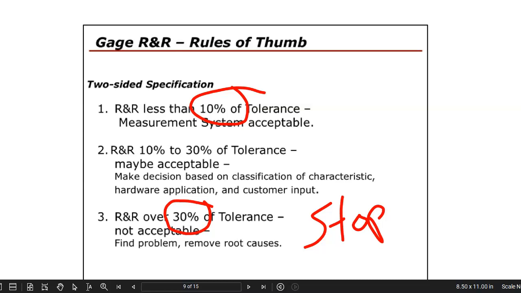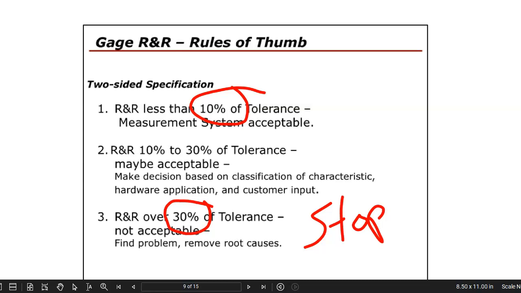First, we need to fix the measurement system. Then, once the measurement system is in a more robust, stable state, we can be confident that the data we're collecting is a true reflection of what this process is performing like. So, over 30% Gage R&R means stop the process improvement project, fix your measurement system.